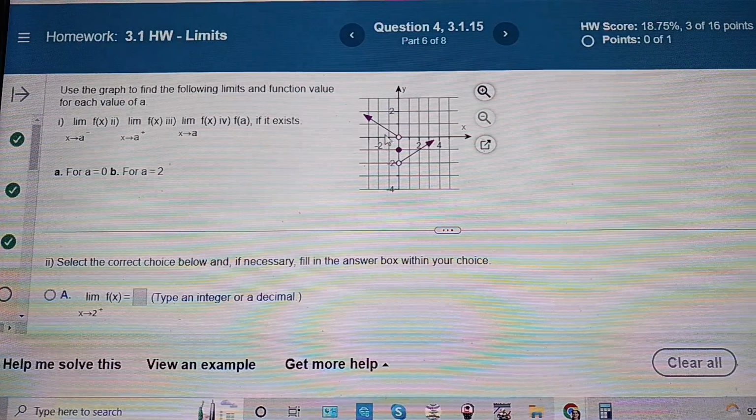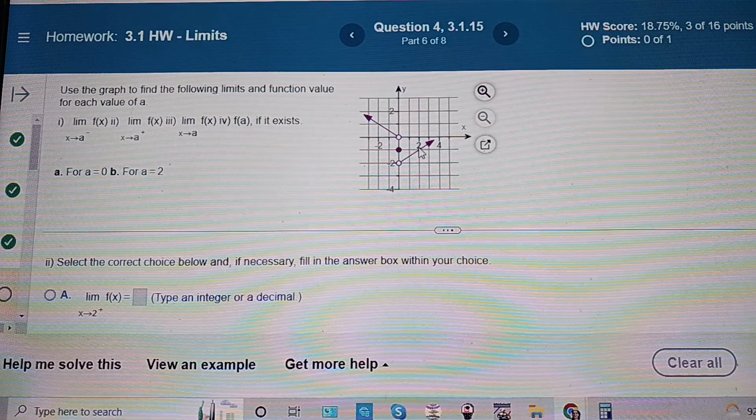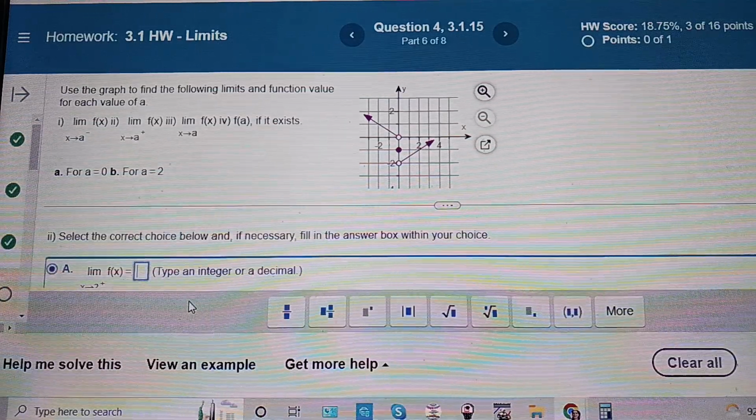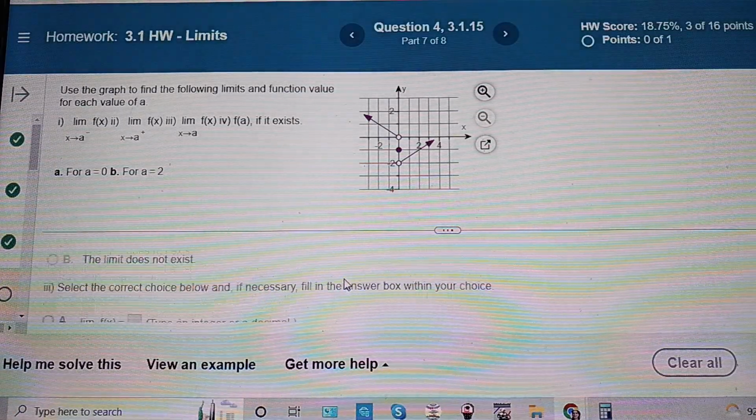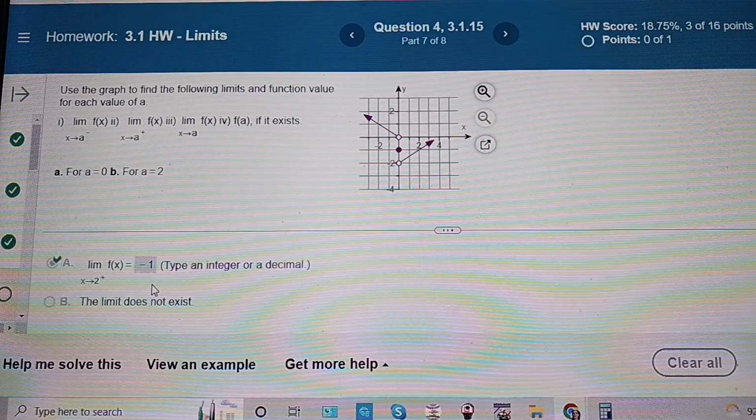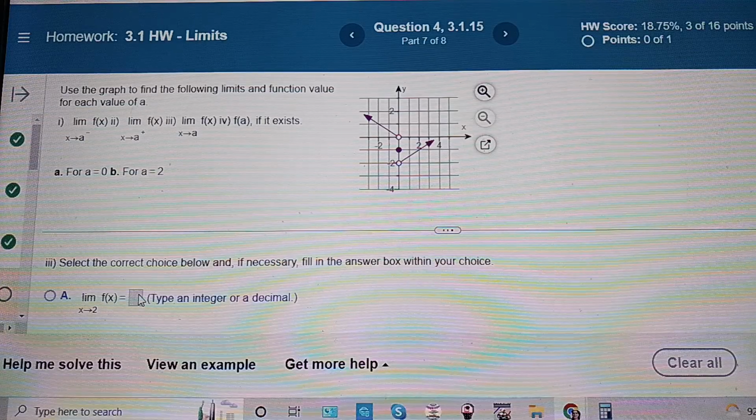So coming in from the left, getting close to 2, you're slightly below -1. But when you come in from the right, close to 2, like 2.001, you would again go down, and you would touch slightly above -1, but again, really close to -1. So that would also be -1. Since those 2 answers agreed with each other, -1 and -1, then this answer is automatically -1.